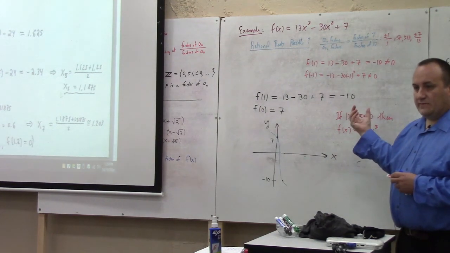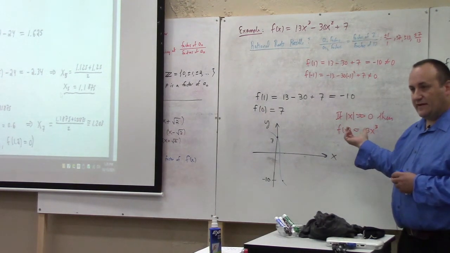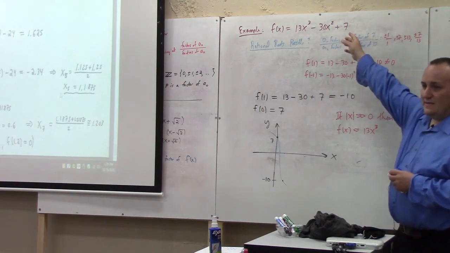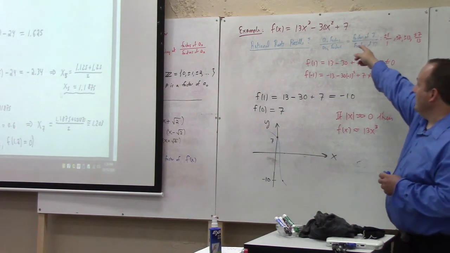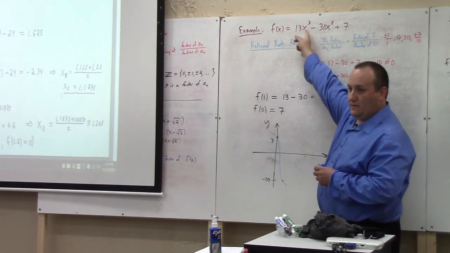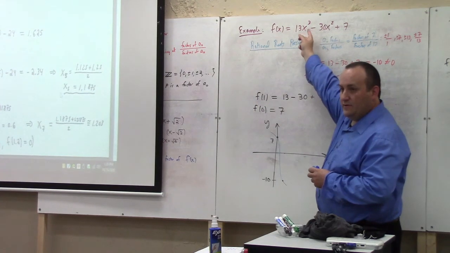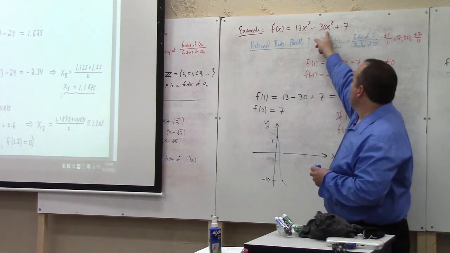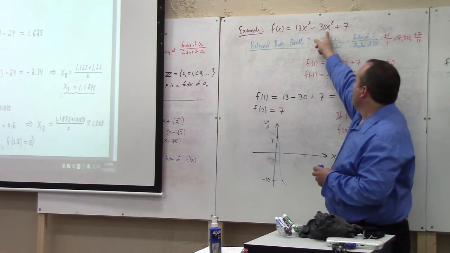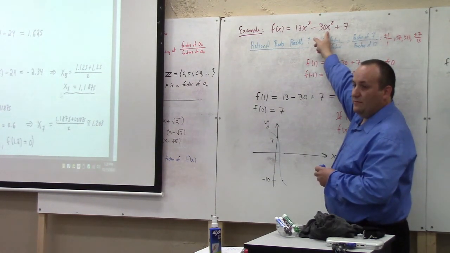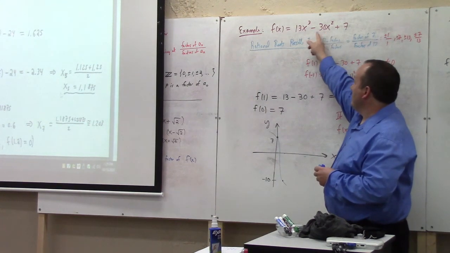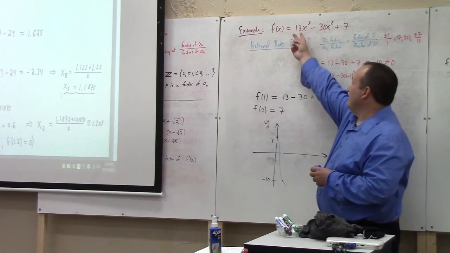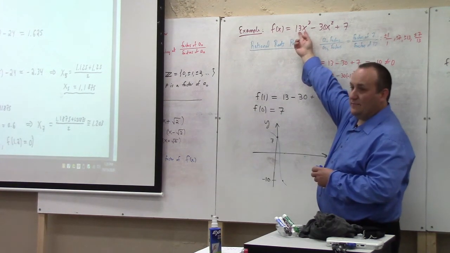If you have x really, really large positive or negative, that 30x squared and that 7 don't mean anything. A million cubed is so much bigger than a million squared. If you put in 1,000, this is like 13 billion and this is 30 million. 13 billion is way bigger, right? So it doesn't take long for the leading term to dominate the expression.